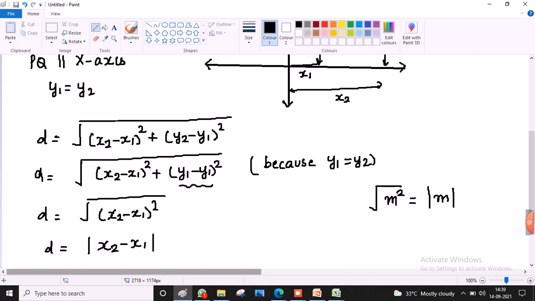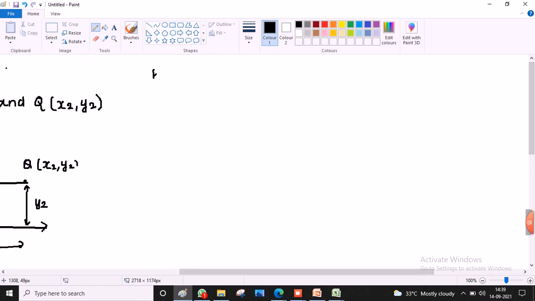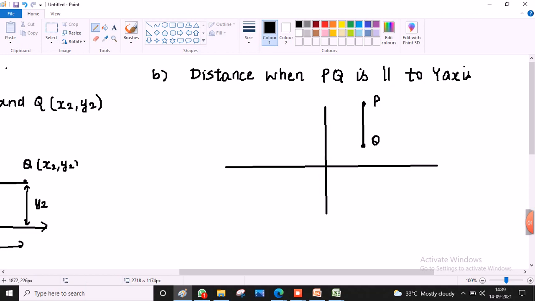Now the other part of this question says, what is the distance when PQ is parallel to the y-axis? If PQ is parallel to the y-axis, the figure must be like this. So if this point is P and this point is Q, this is x1 y1, this is x2 y2.